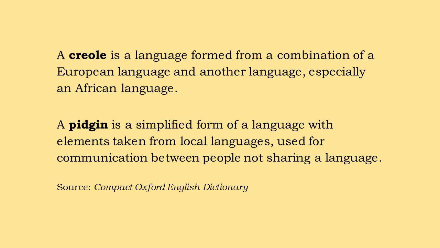A Creole is a language formed from a combination of a European language and another language, especially an African language. And a pidgin is a simplified form of a language with elements taken from local languages used for communication between people not sharing a language. So Creole and pidgin perhaps we'll revisit in a subsequent lesson, but let's focus now on language and dialect.